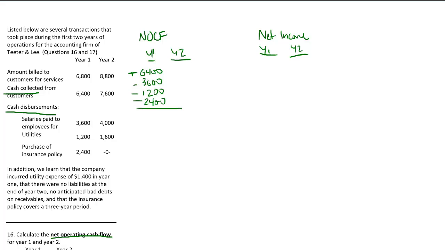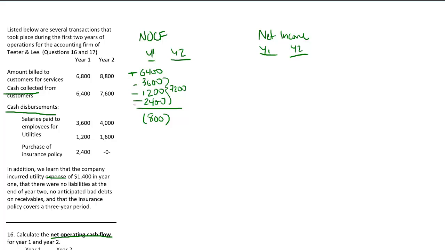Again, we don't see incurred expense, we don't care about liabilities or bad debts, etc. So in this particular case, all of our expenses add up to 7,200. So 6,400 minus 7,200 is going to give us a negative value of $800.